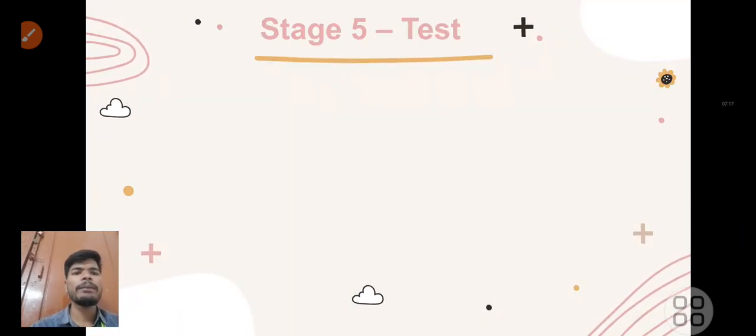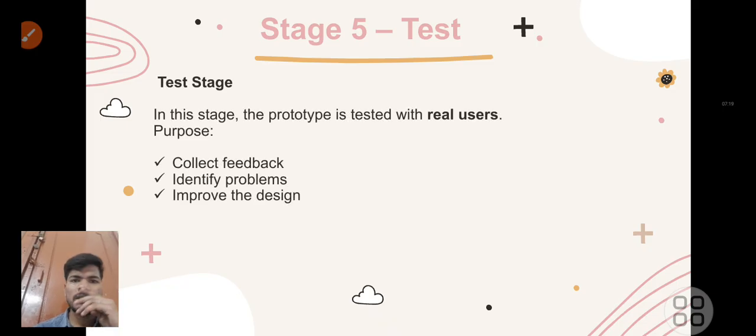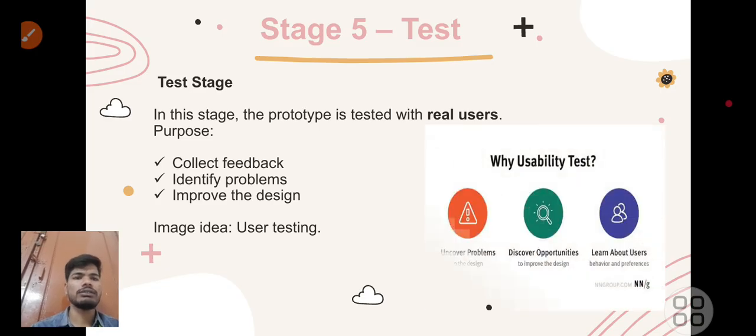Stage 5, test stage. In this stage, the prototype is tested with real users. It can be used for the purpose of collecting feedback, identifying problems, improving the design. Image idea, user testing.